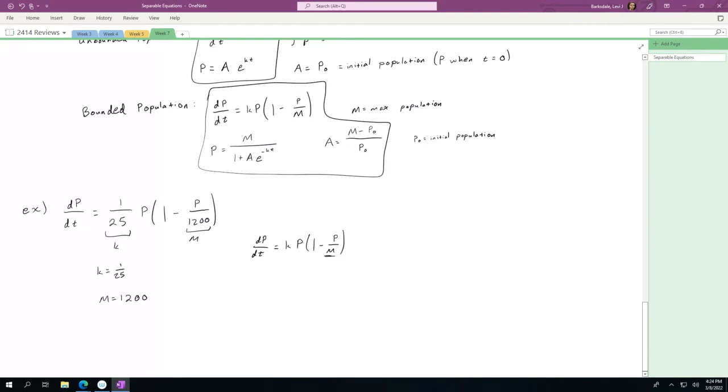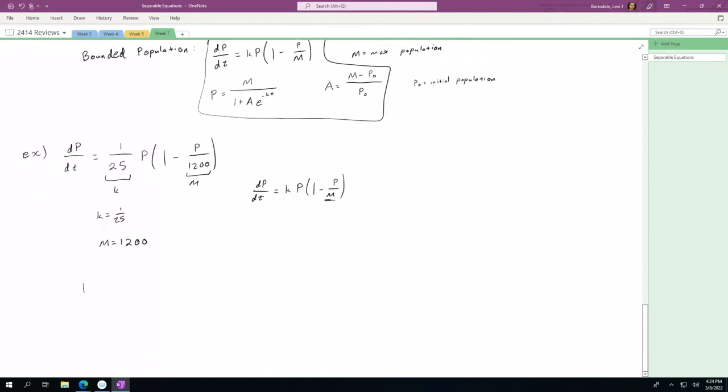My maximum population is 1200. And now I have all I need to write out my closed form solution. I know that P is equal to M over 1 plus A e to the minus kt, where A is equal to (M minus P naught) over P naught.